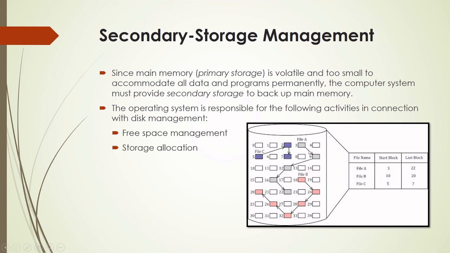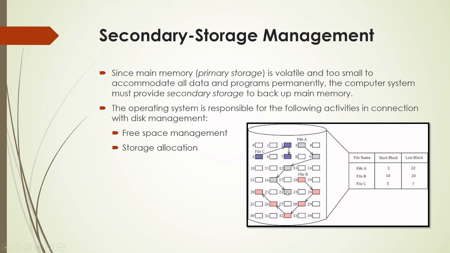So 3, 9, 12, 16 and ending in 22. After that there are no more pointers, or the pointer points to null, so it is identified that the file ends at this particular block. So random blocks are used to store the file: 3, 9, 12, 16 and 22.